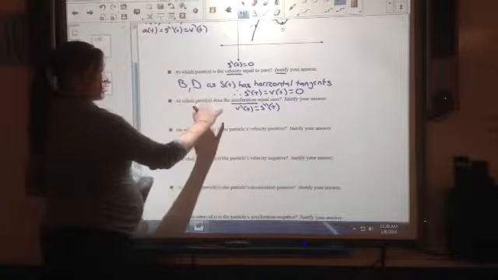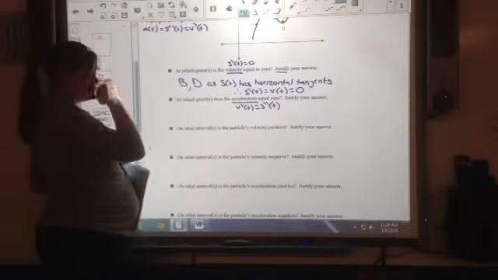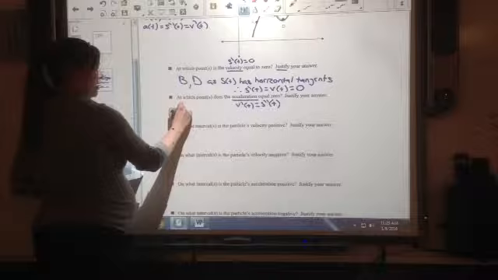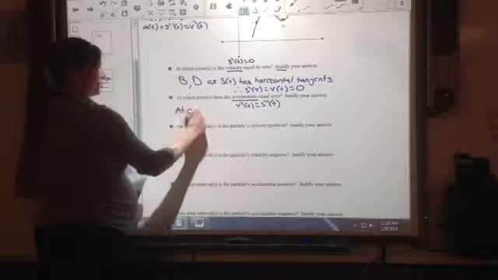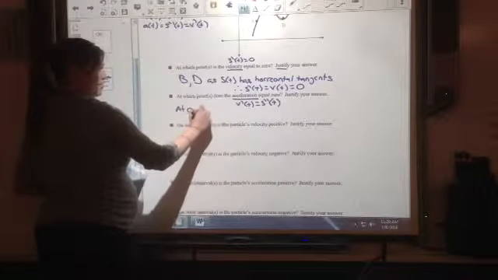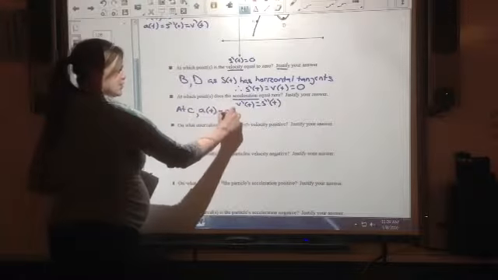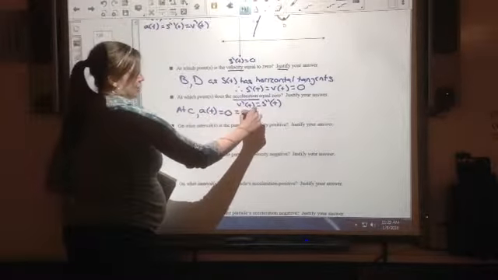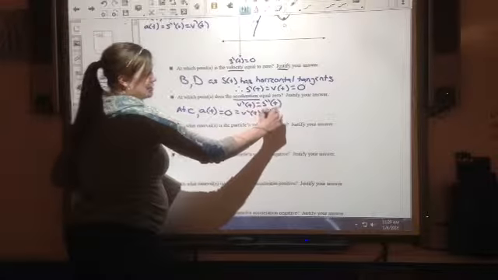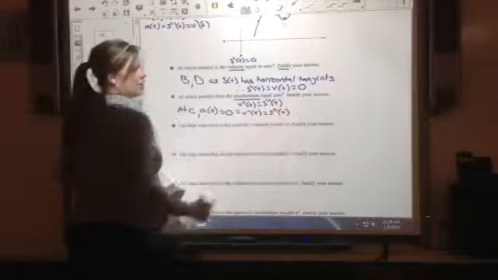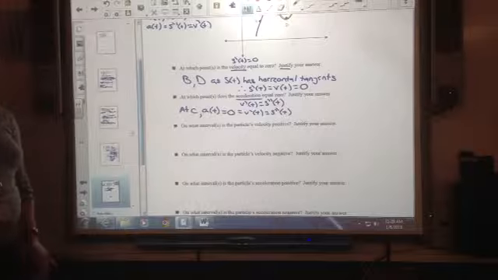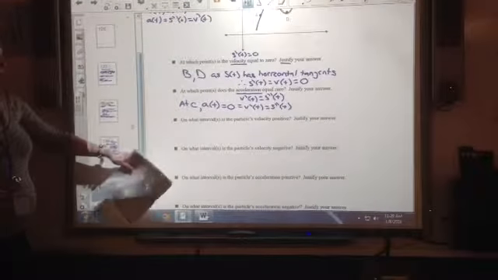So I would say at what point is the acceleration, excuse me, equal to 0? I would say at C. Acceleration, or A of t, equals 0, which is also known as V prime of t, which is also known as S double prime of t. That's a lot of information, but you're actually saying you know what you're talking about.